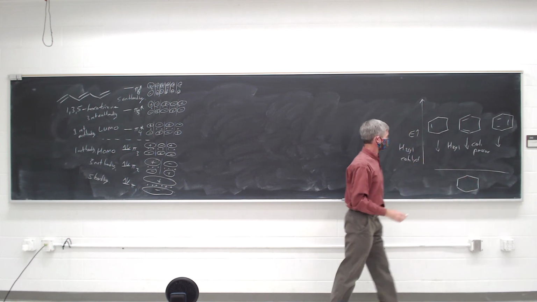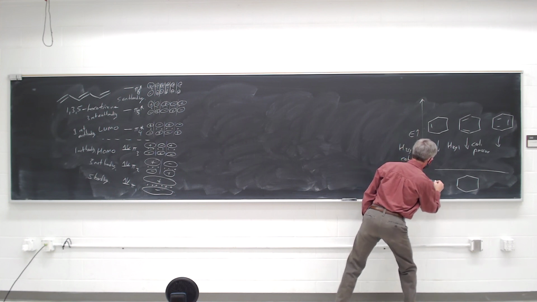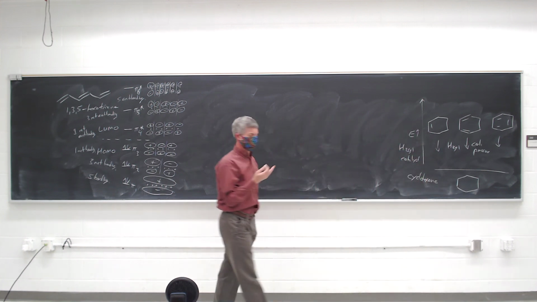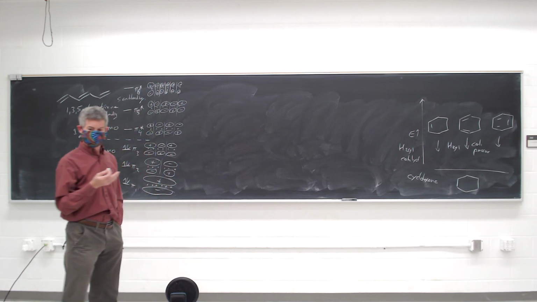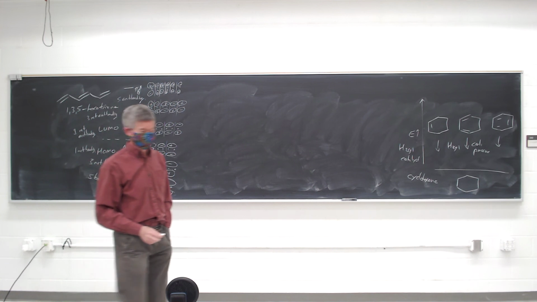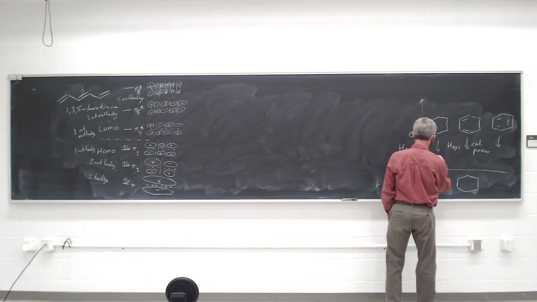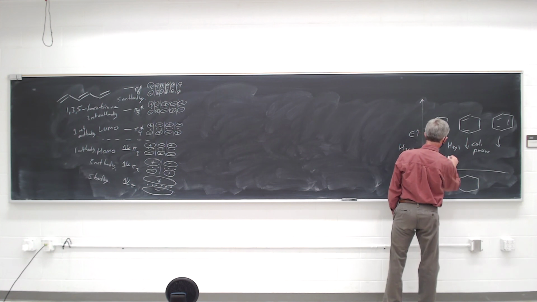They all generate cyclohexane. They have to be given a little more hydrogen: 1 mole, 2 moles, or 3 moles of hydrogen. So it turns out that when we hydrogenate cyclohexene, it releases 28.6 kilocalories per mole.